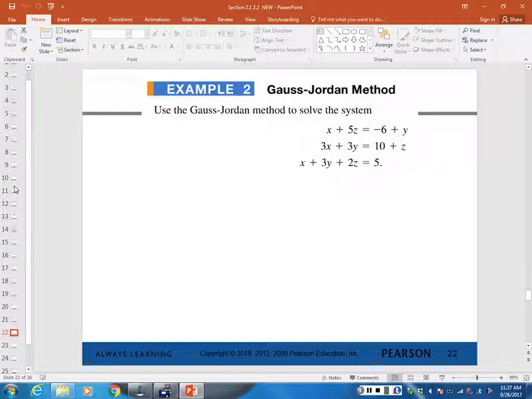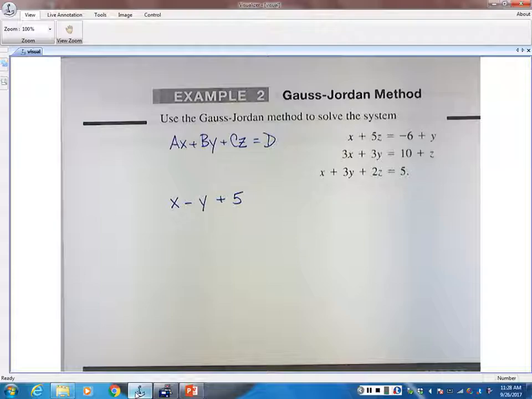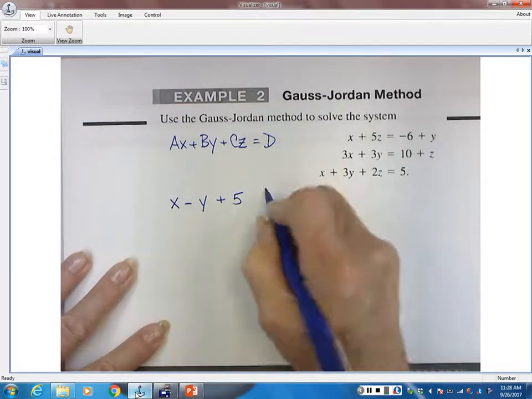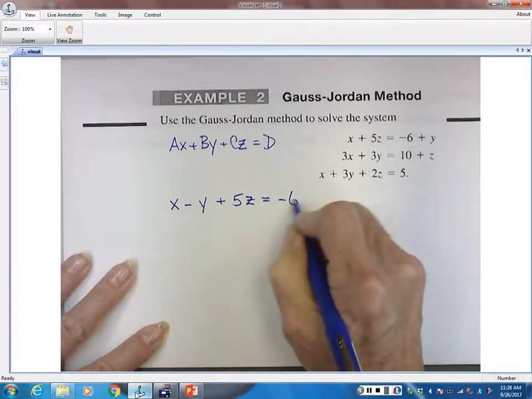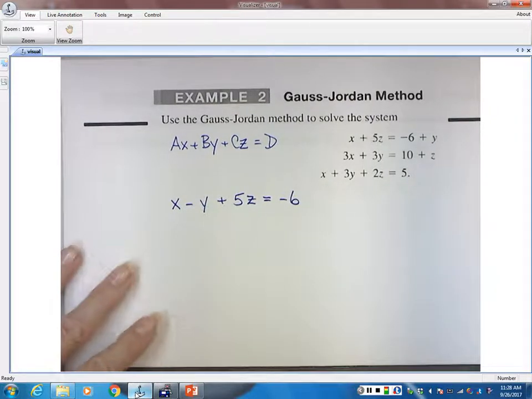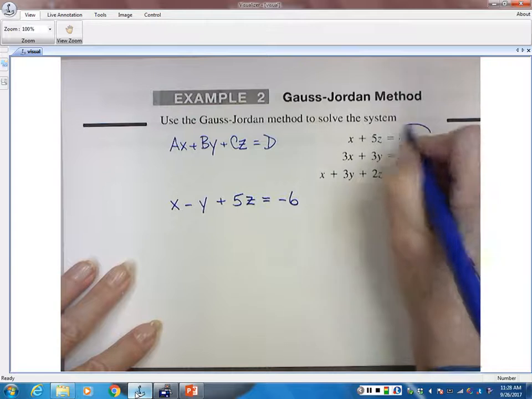So in this one, I need that Y back over here with its buddies X and Z. So that's what it's going to look like when I move the Y back over here with its friends.